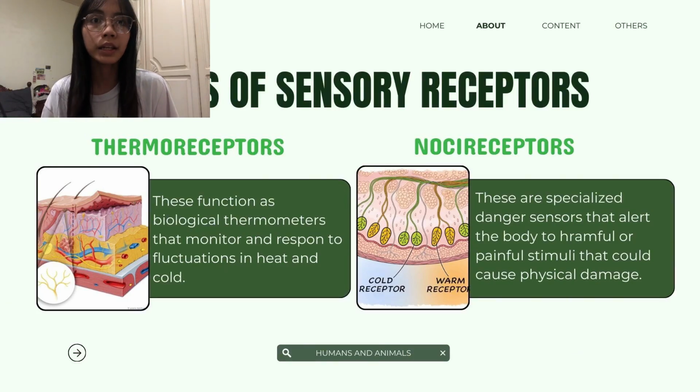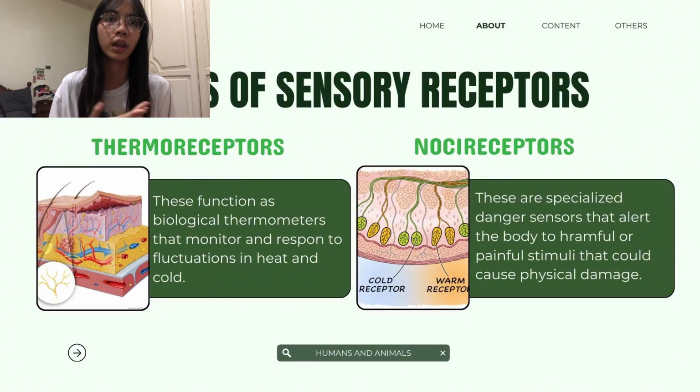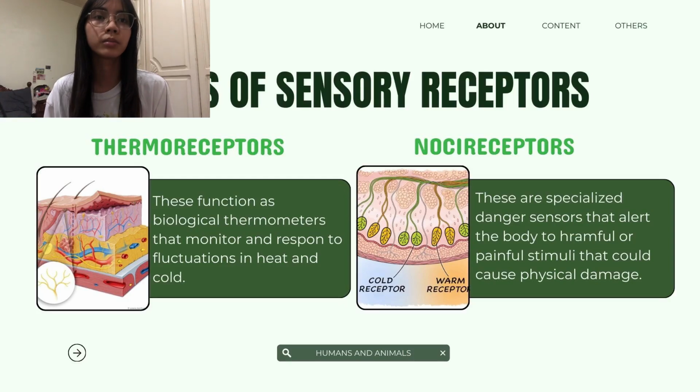Pain is not a very good thing to feel, but pain actually helps us, and it serves as a warning sign for us because it tells us that something is wrong, and that we should act upon it, or we should move away from that harmful situation.